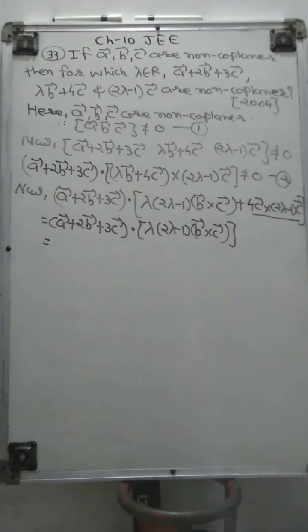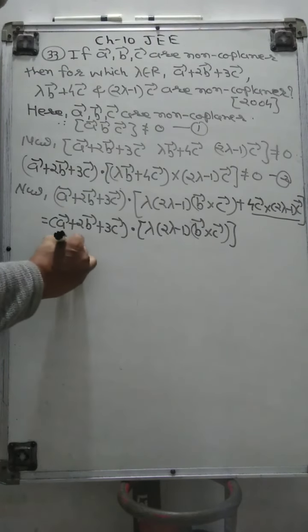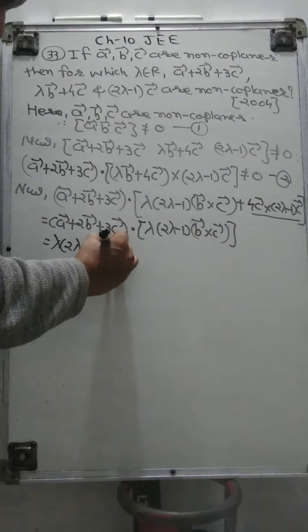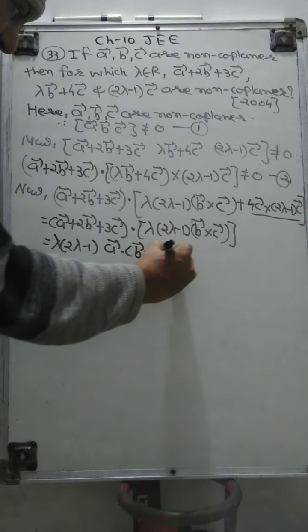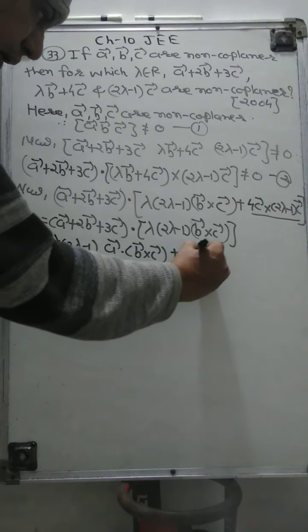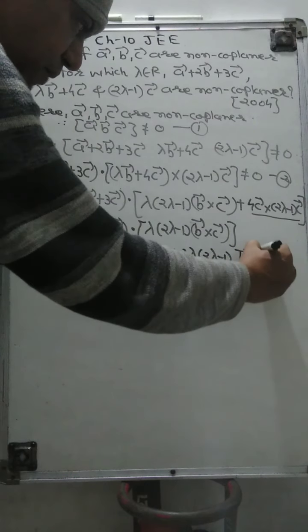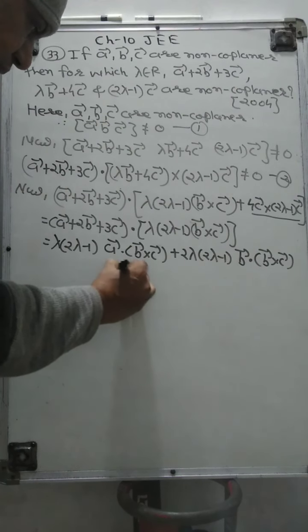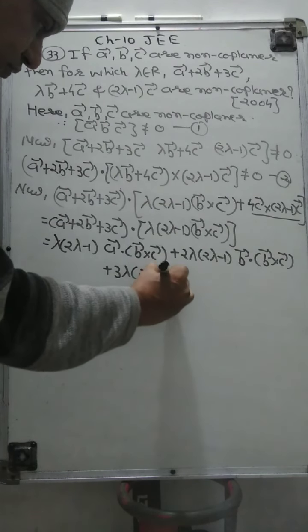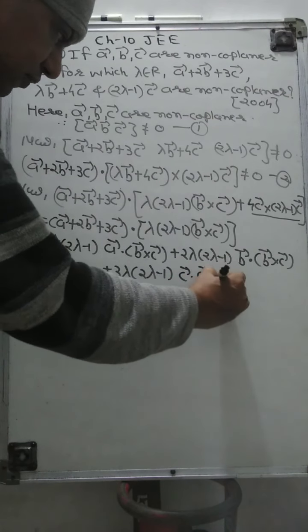Now when we simplify this term, we have lambda 2 lambda minus 1 a bar dot b bar cross c bar plus 2 lambda 2 lambda minus 1 b bar dot b bar cross c bar plus 3 lambda 2 lambda minus 1 c bar dot c bar cross b bar.